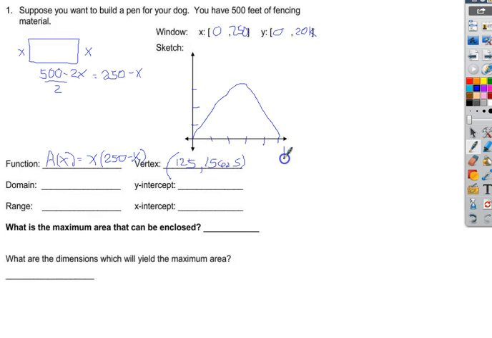I'm going to go ahead and fill everything in. You need to label your graph completely. This is the length of the fencing, and the units, length of our fencing, is in feet. All right.